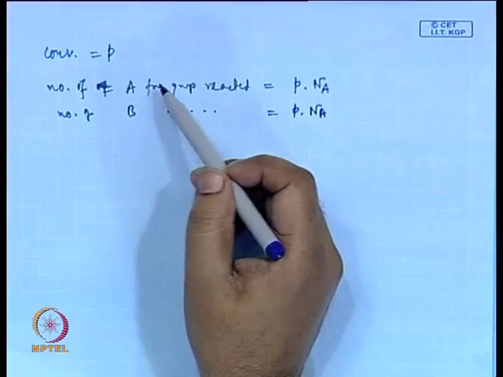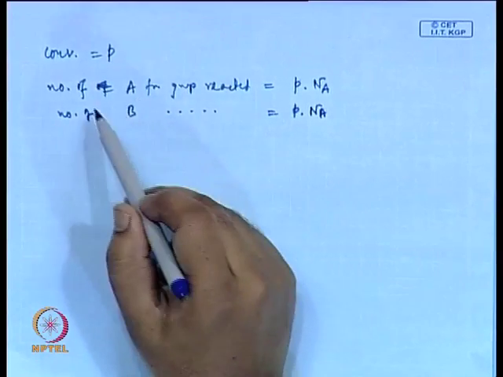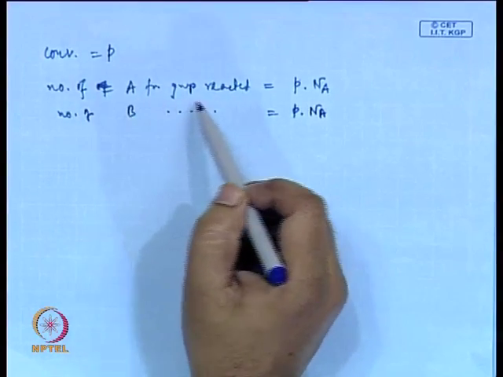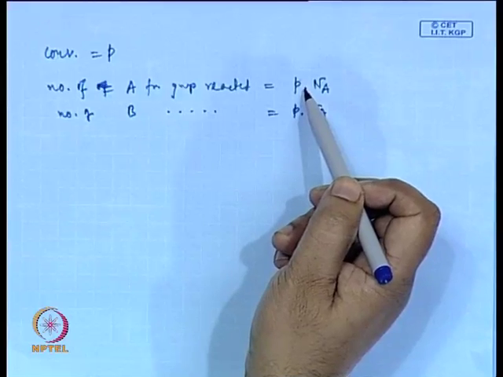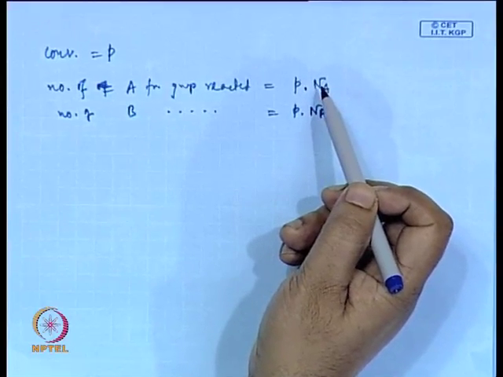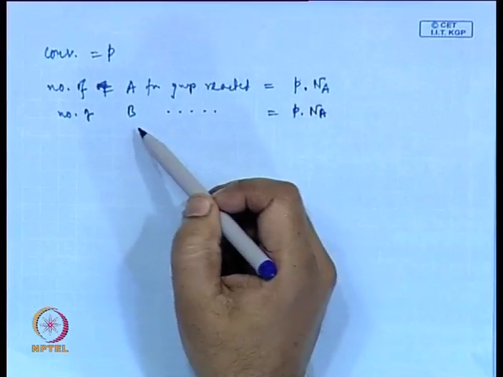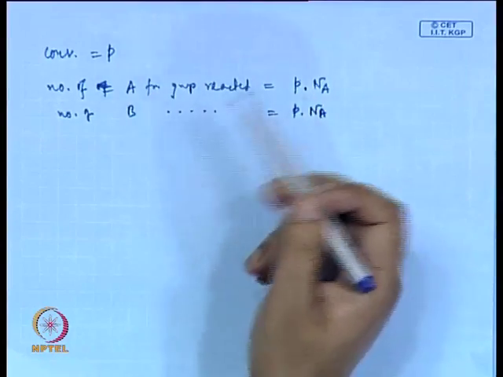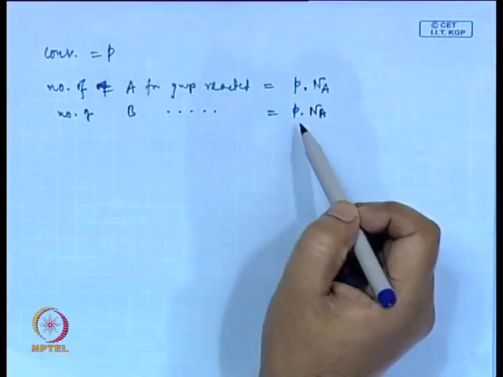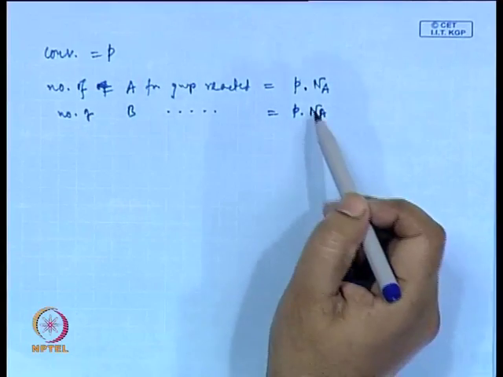In this case, A is present in a smaller amount, so we consider A. The number of A groups reacted is the fraction P multiplied by Na. Each A group will react with one B group, so the total number of B groups reacted is also this.